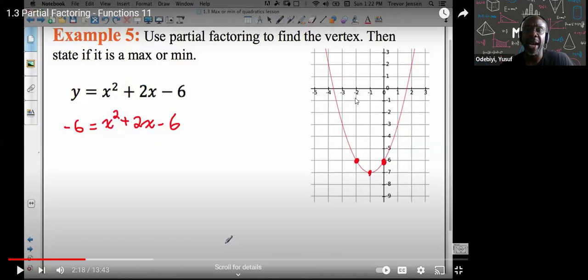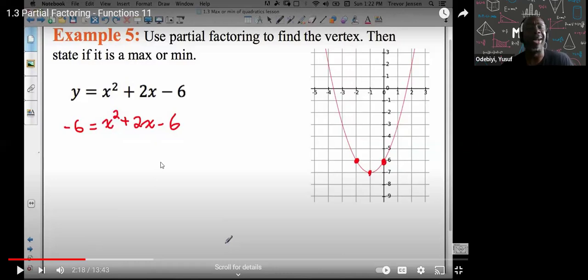If I add 0 and -2, the average would be -1. So the middle part is -1, which is the vertex value for the x component. But to find the y component, I plug in -1 into the original equation, and that tells me what my y value is.